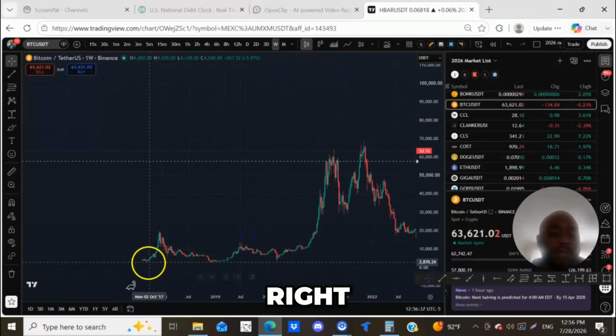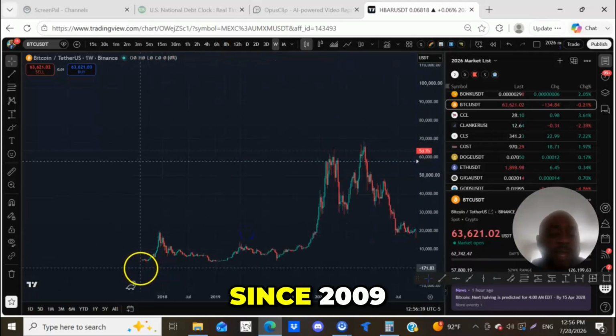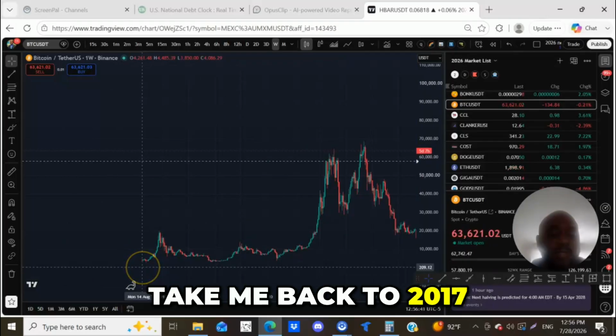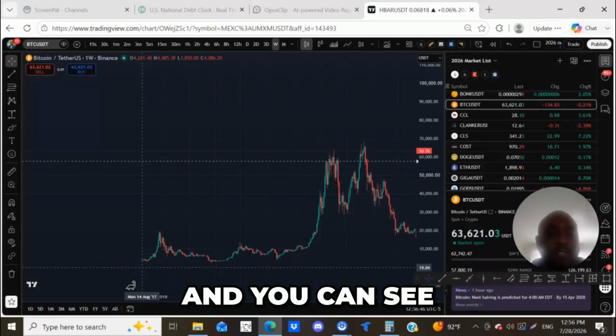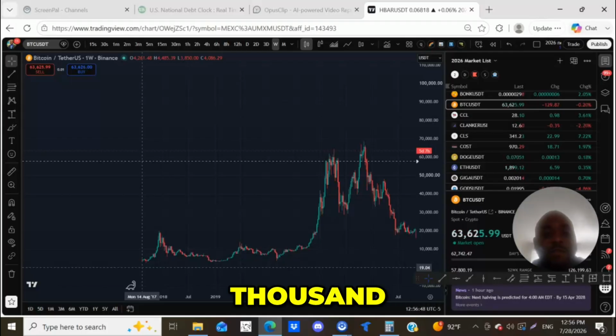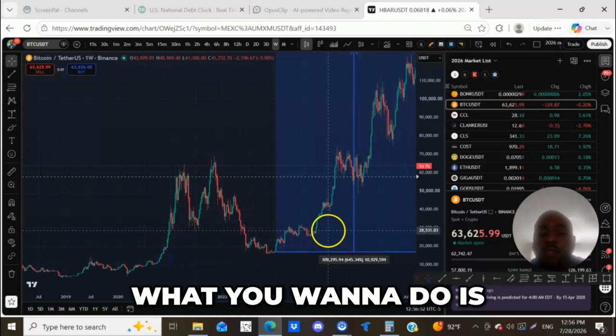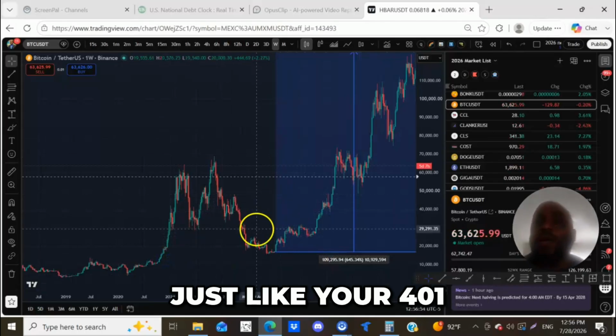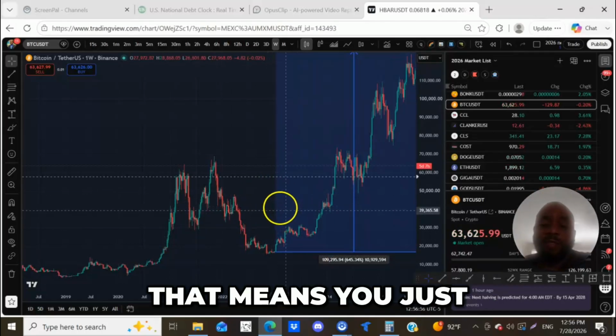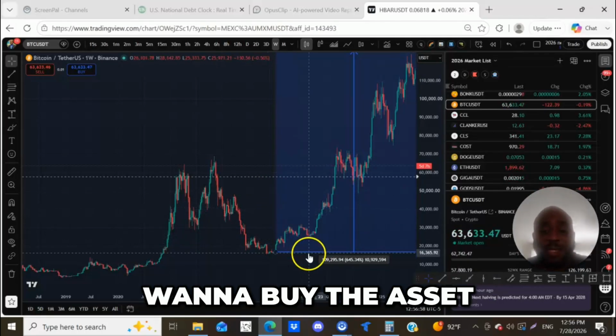Incredible, right? It's only been around since 2009. And this chart's going to take me back to 2017. And you can see here it's about $4,400 a share, as low as 3,800. So what you want to do is, just like your 401k, you want to dollar cost average in. That means you just want to buy the asset every paycheck.